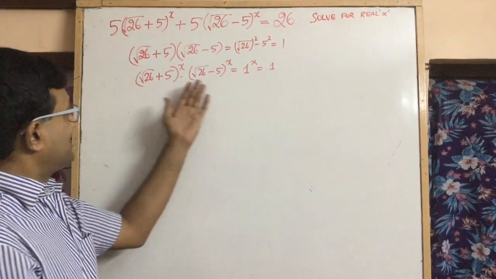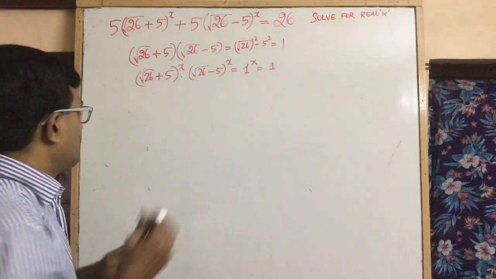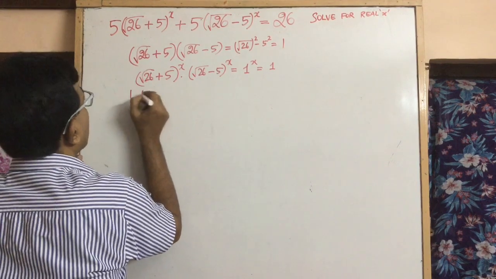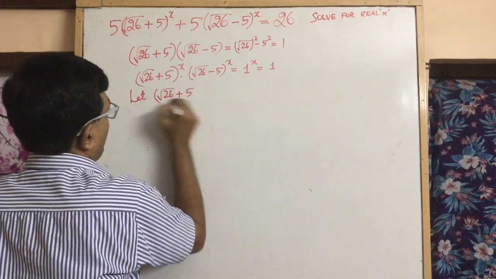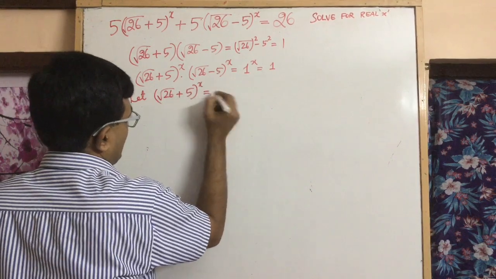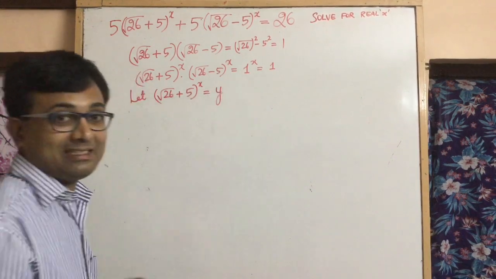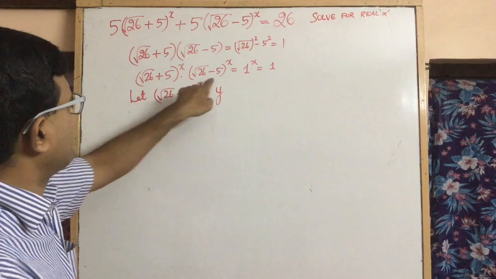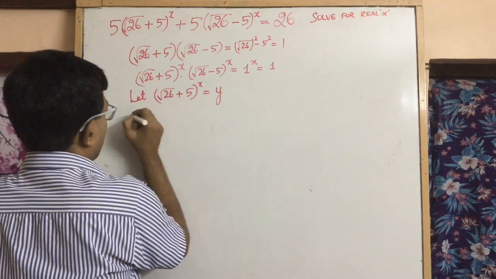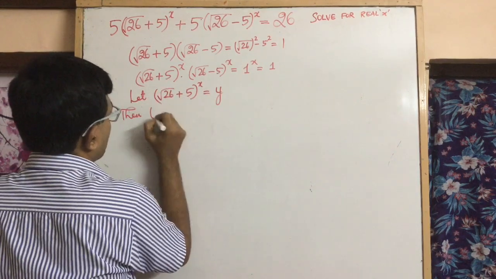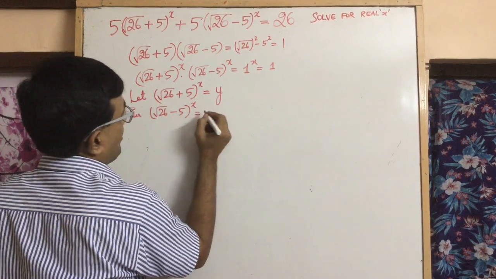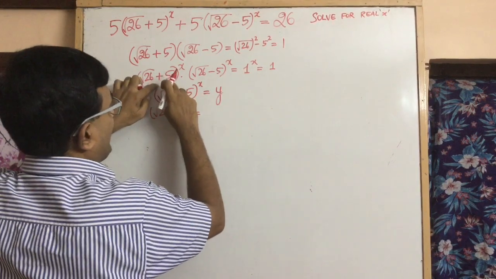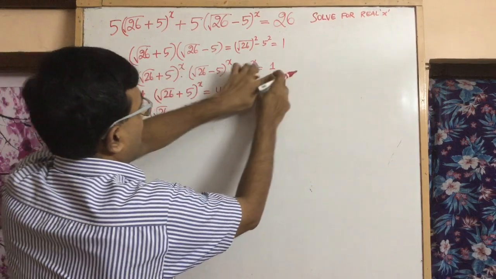Now, with this knowledge, let us presume (root 26 plus 5) the whole power x as some variable, say y, right? Then, as per this equation, (square root of 26 minus 5) the whole power x would be such that y into this is equal to 1.